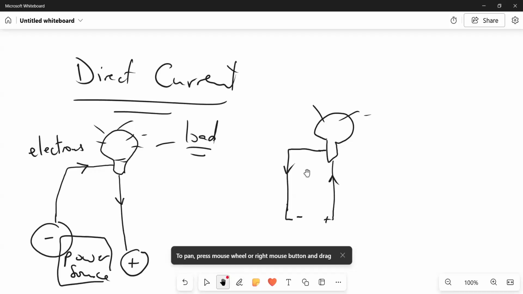So that's what you'll hear them say: conventional current flows from positive to negative, right? Sometimes when they draw circuit diagrams, you see the current flowing from the positive side to the negative side, when in reality, it's electrons that are flowing from the negative side to the positive side.